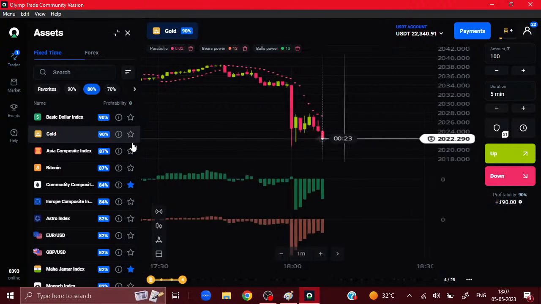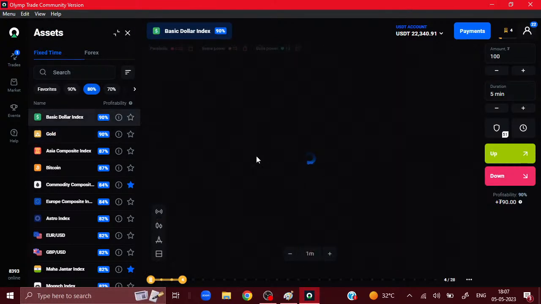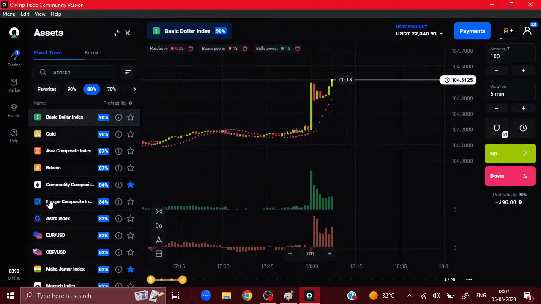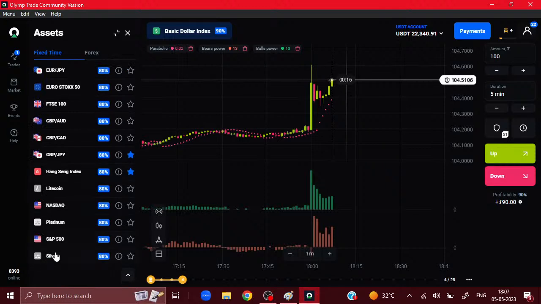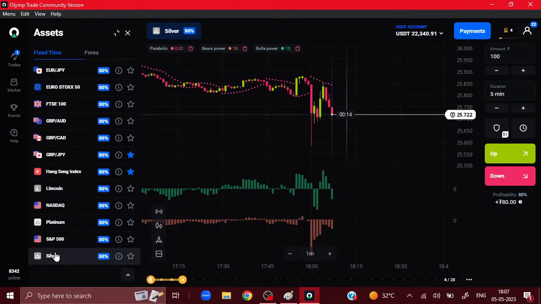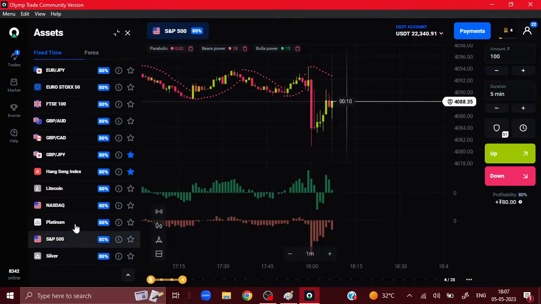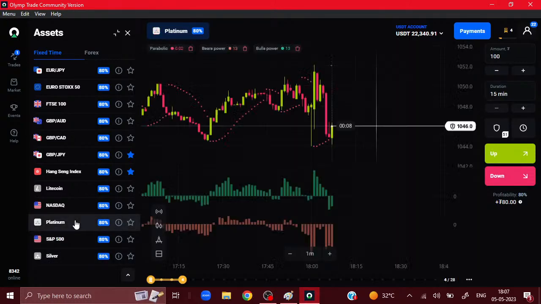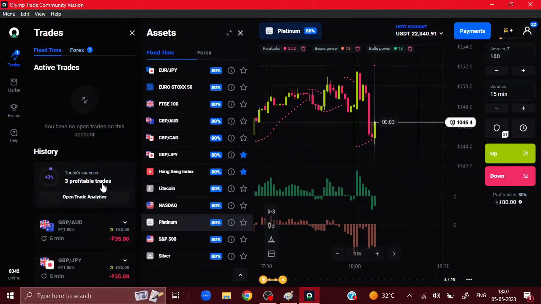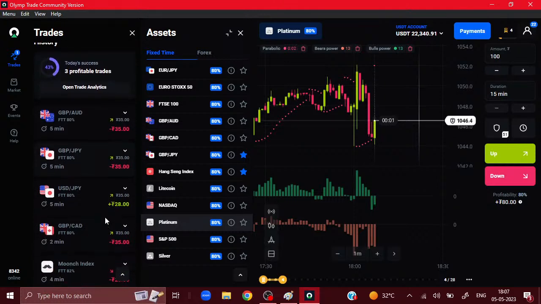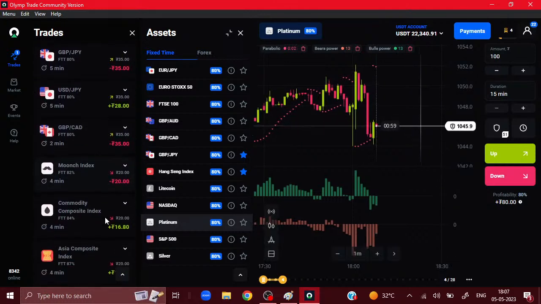Okay guys, meanwhile let us try to find some entries in the confrontation strategy. Right now the market must be moving at a very fast pace because we have to recover this amount here. How much is it? Let us see what is the martingale that we should be using.